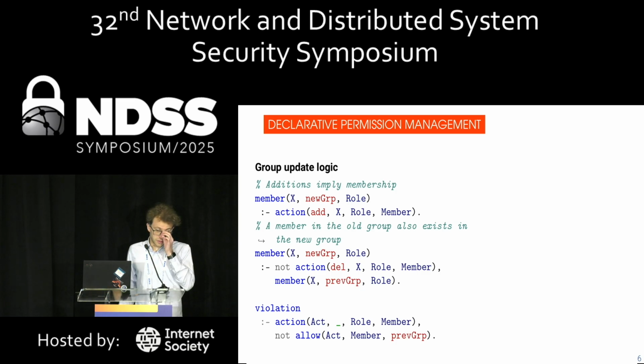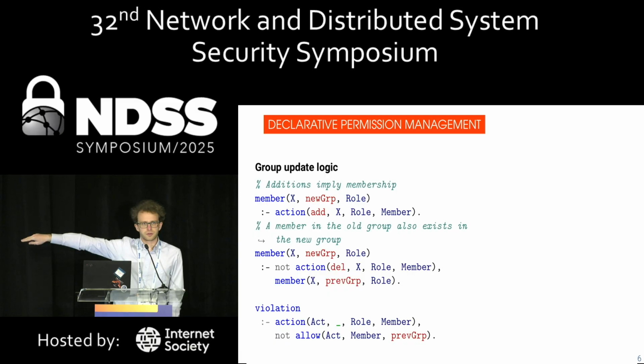And then the last rule basically says you can only carry out an action if you have been granted permission to do this action, right? In other words, you are violating the rules of the system if you're carrying out an action and you are not allowed to carry out the action. That's the final rule over there.